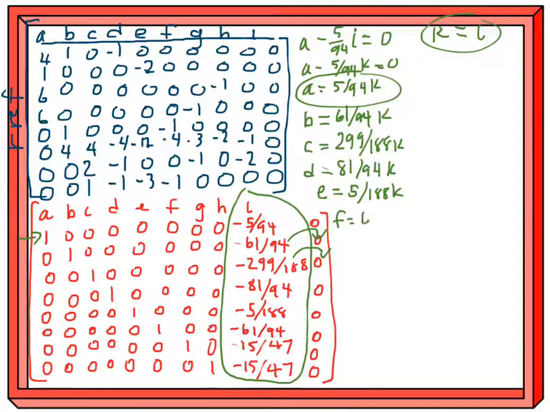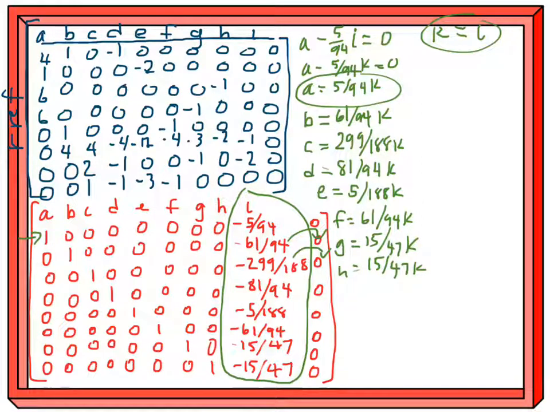F is 61/94 k. And G and H are both the same at 15/47 k. Alright, so that gets us equations for every single one of the variables.